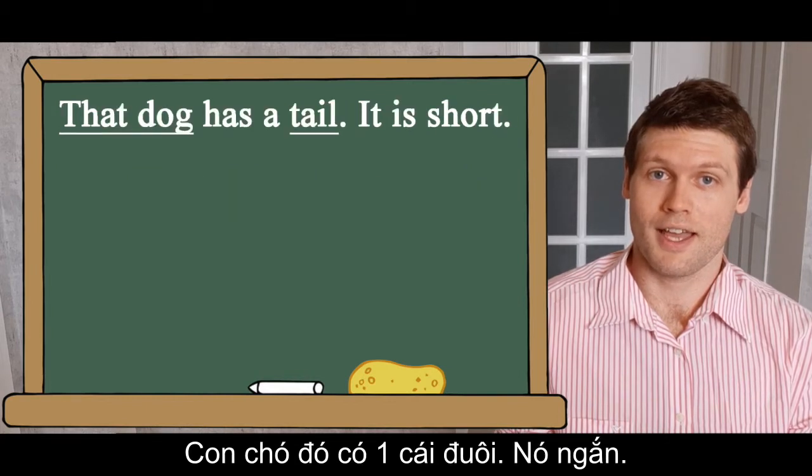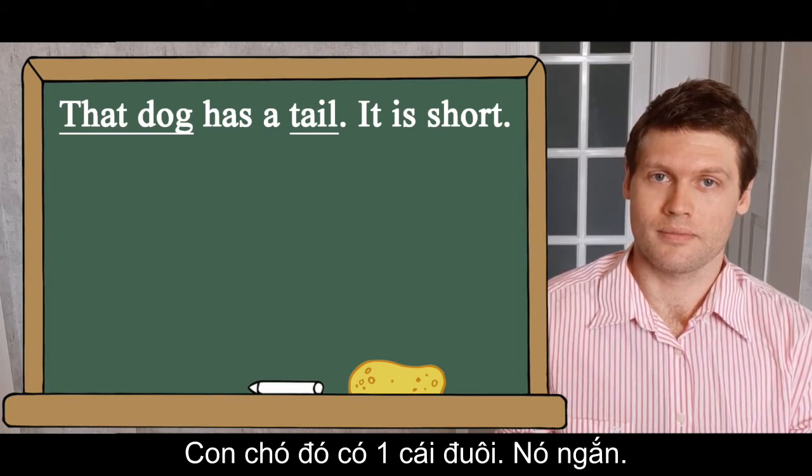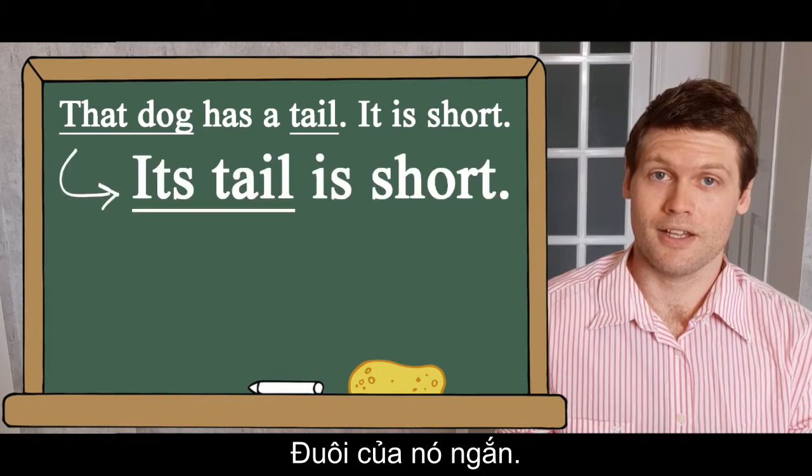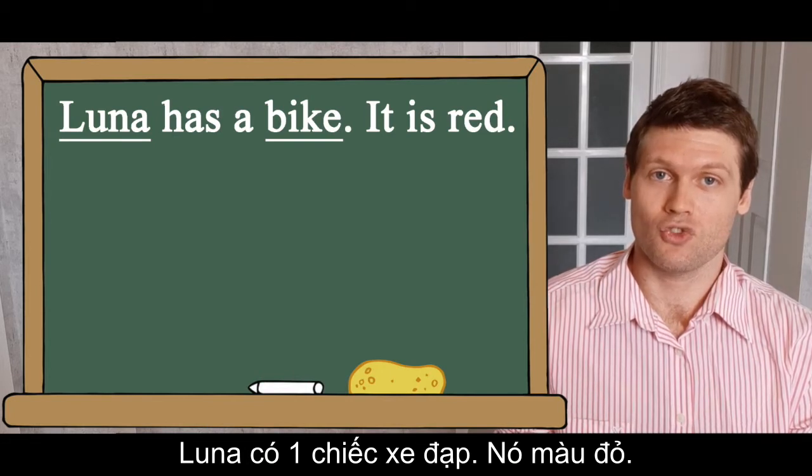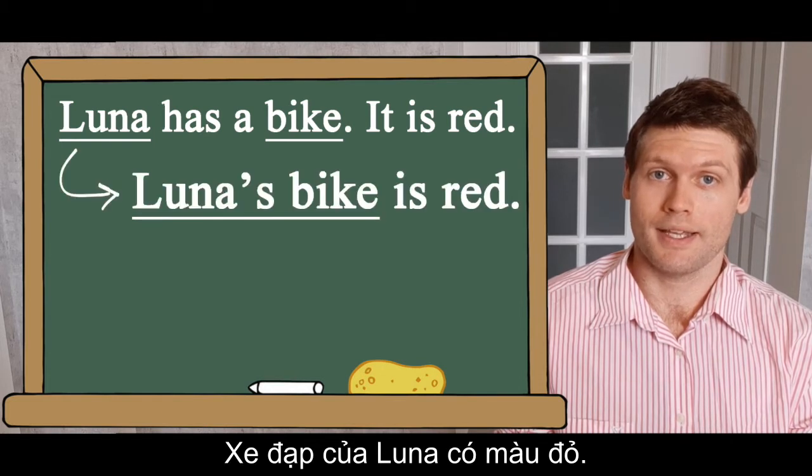That dog has a tail. It is short. Its tail is short. Luna has a bike. It is red. Luna's bike is red.